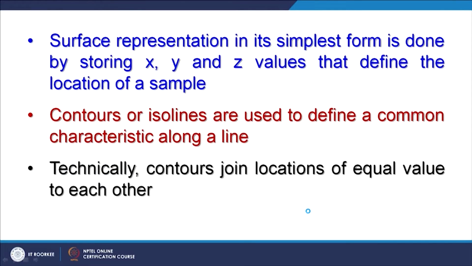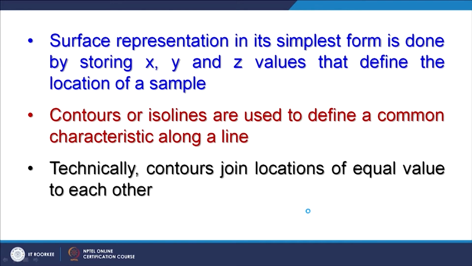And then, as you know, raster is quite simple compared to vector. So, the surface representation having any attribute value is the simplest form, and it is done by storing x, y, and z, so that for every location you have a value or a property.